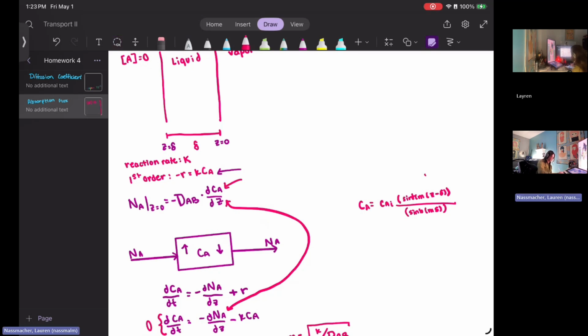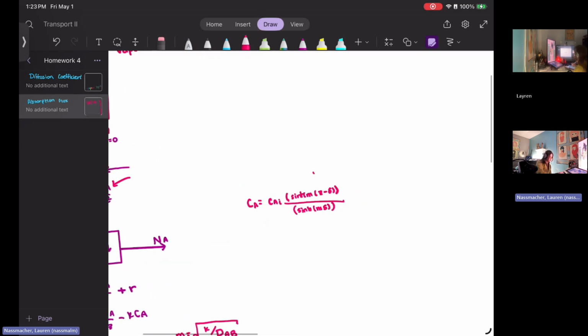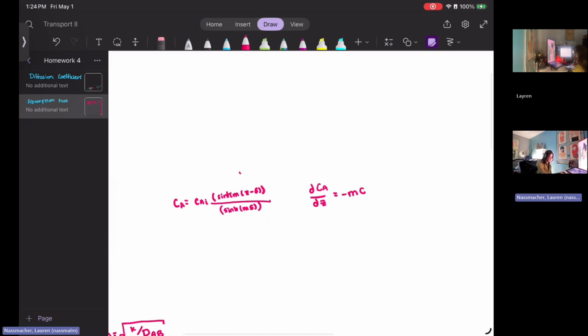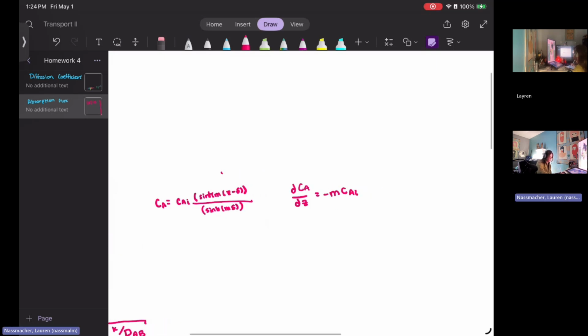So we have the derivative of our concentration with respect to distance. And so we really need to take the derivative of this equation. Taking the derivative with respect to dz, we get negative m constant times the concentration at the interface multiplied by hyperbolic cosine of m constant thickness over hyperbolic sine of m constant thickness.